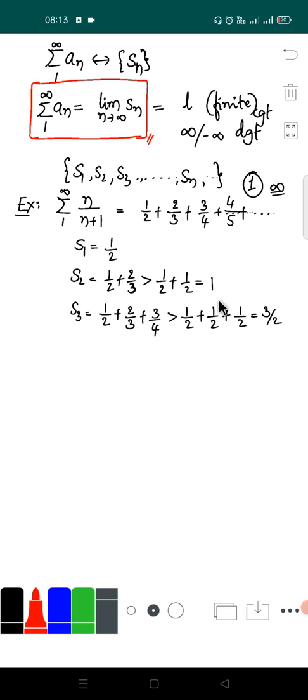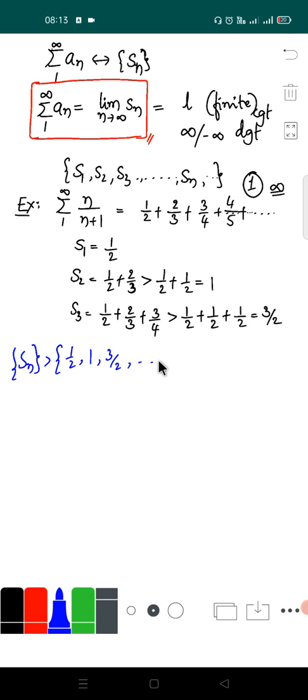You can see this sequence of partial sums is increasing. Sn is term-wise greater than half, 1, 3 by 2, 2 and so on. As this sequence diverges to infinity, Sn also diverges to infinity.